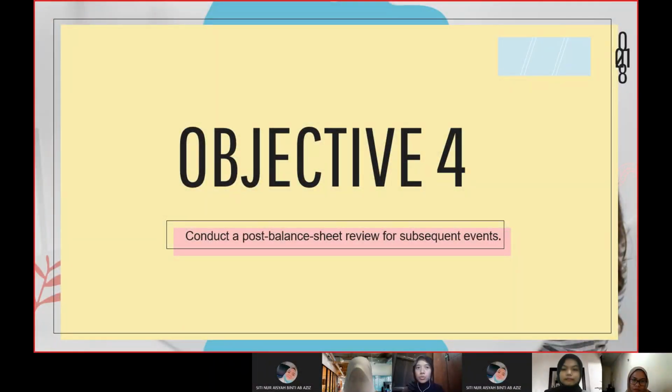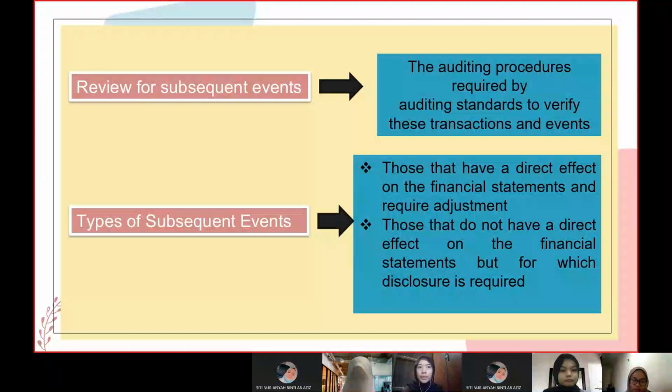Okay, we proceed to objective 4, in which we will learn how to conduct a post-balance sheet review for subsequent events. Okay, next. First of all, we need to know what a subsequent event is. A subsequent event review is an audit procedure required by auditing standards to verify transactions and events.